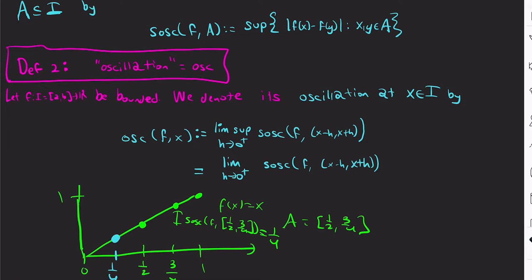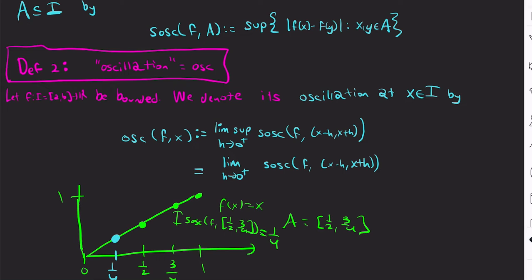Whereas for the oscillation, let's say at x equals 1/4, I take a sequence of smaller and smaller subintervals. I take the maximal difference over the domain, keep taking smaller and smaller intervals, and take the limit of the expression that I get at each small subdomain. In that case, when I take that limit, I get 0, because that expression is just 2h.